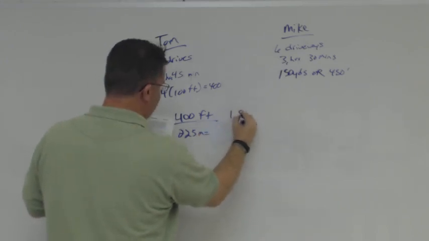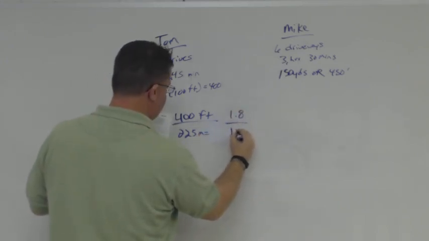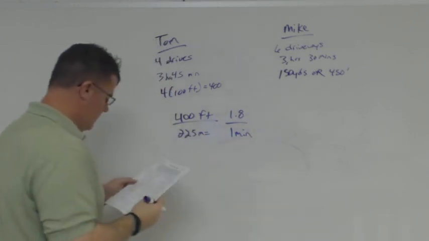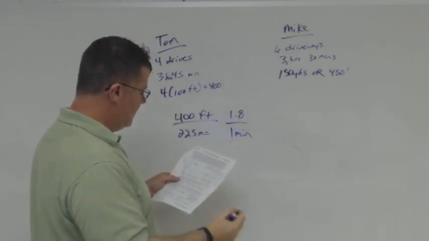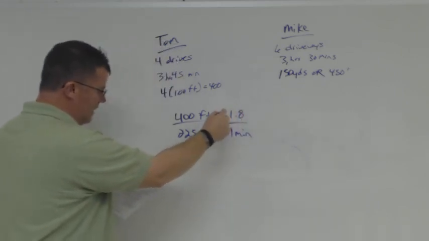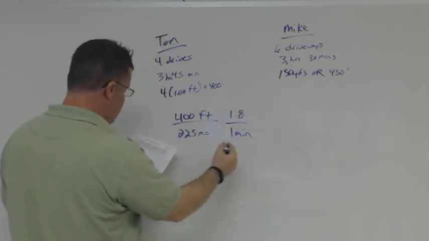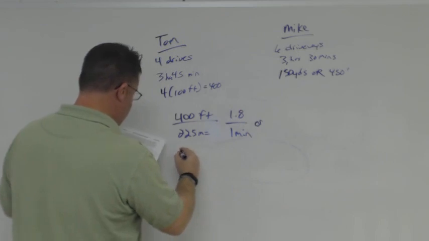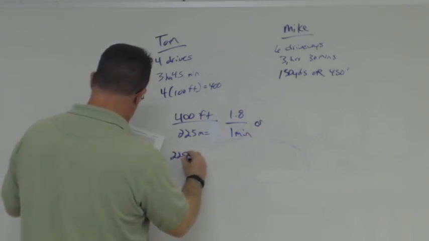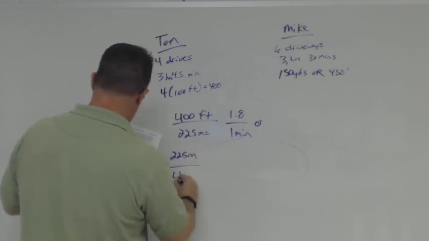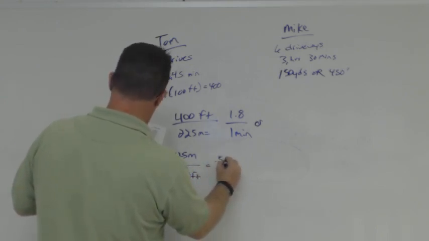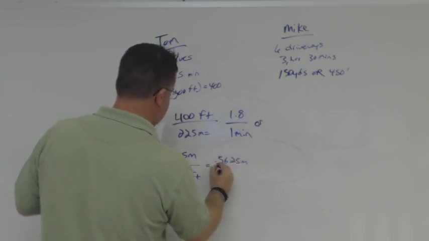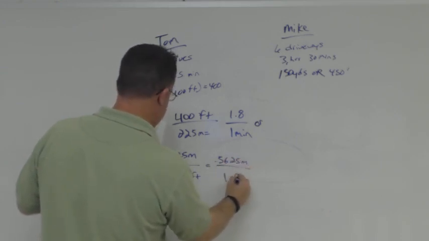Equals 1.8 feet per minute. And I took it a step further. I did 225 minutes over 400 feet, which equals 1.5625 minutes over 1 foot.